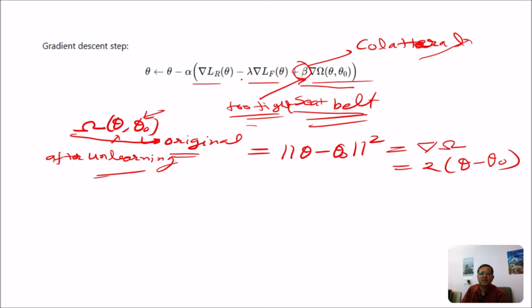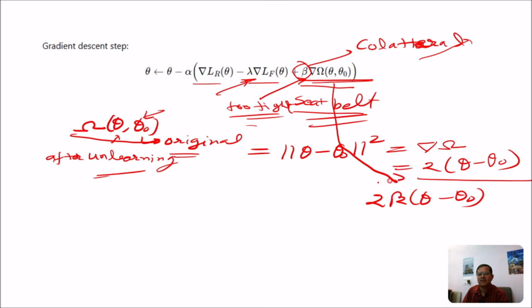Now this is your forgetting strength, so how fast you forget. If it is too fast, then you will lose everything, so you also have to manage that. You can say 2 beta times theta minus theta 0 in place of this part. So now this is the complete equation.